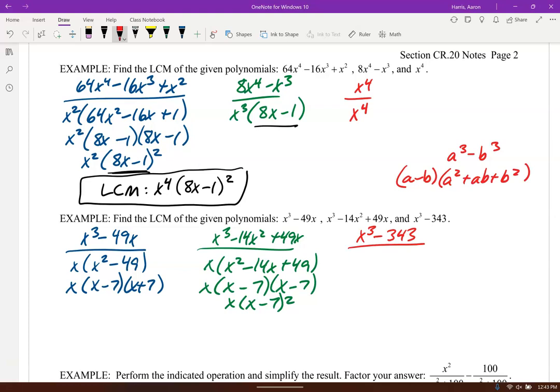And 343, that's the same as 7 cubed. So my a is x, my b is 7. So this factors into x minus 7, a, so that's a minus b, a squared plus ab plus b squared.